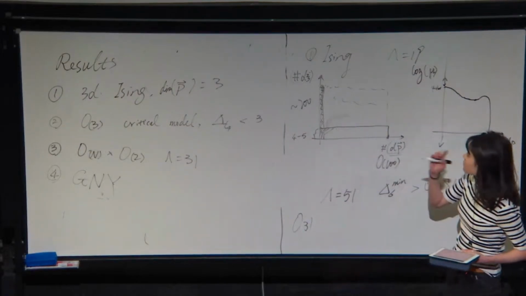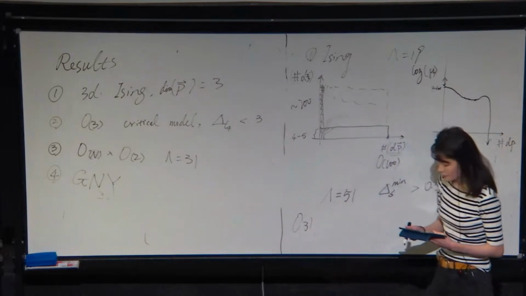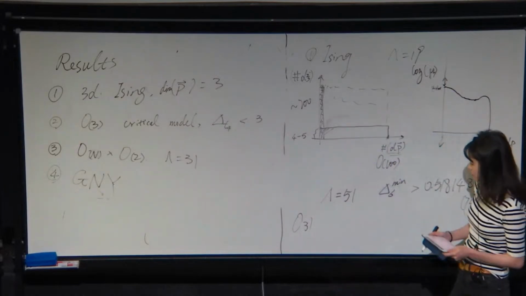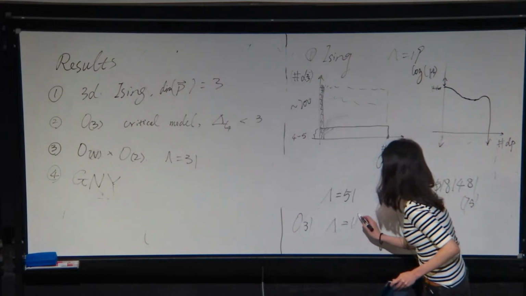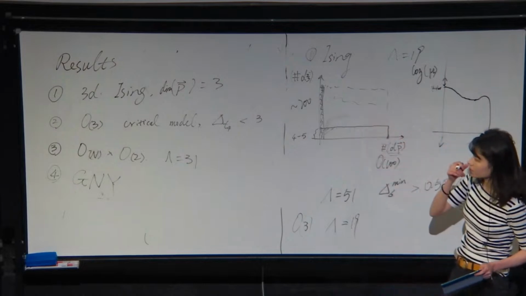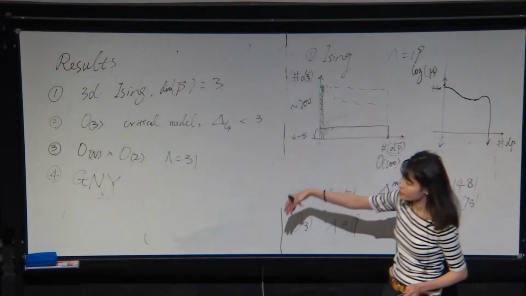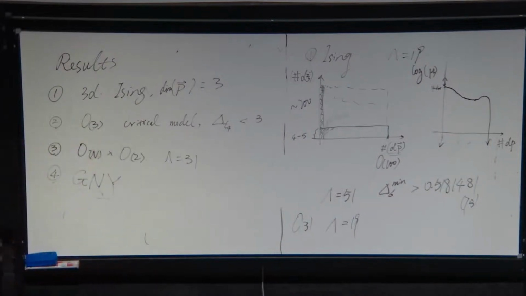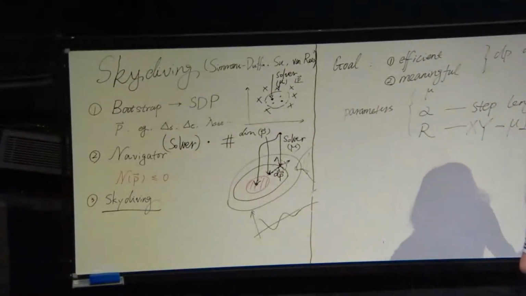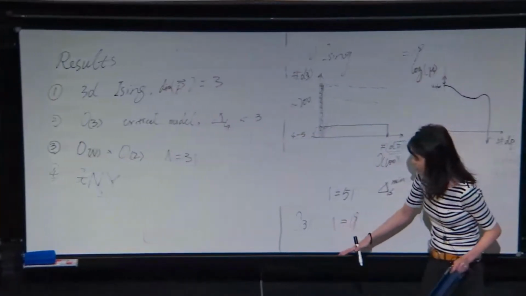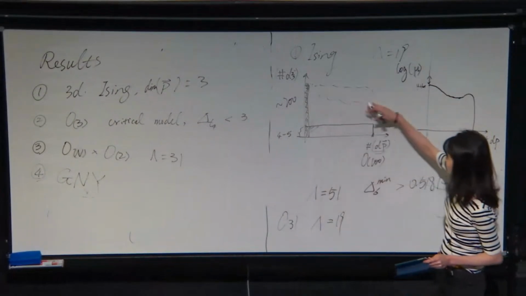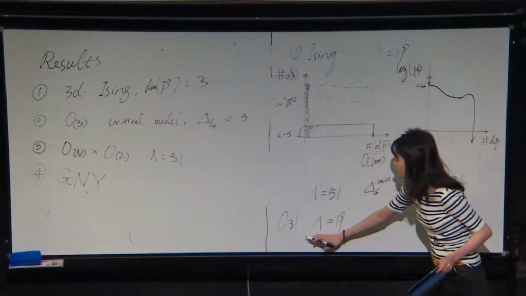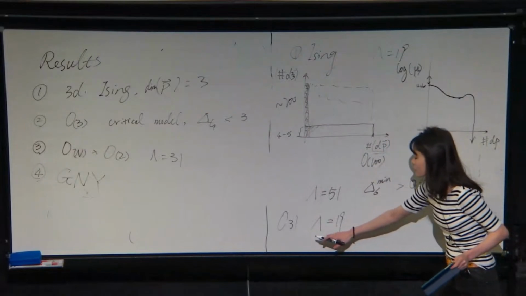Briefly, I'll mention the results for O(3). I think the original paper used more of a binary-search idea, like sampling points and trying to find the boundary, and they reported their result at lambda equals 35. But thanks to the new algorithm, we didn't have to go up to 35.